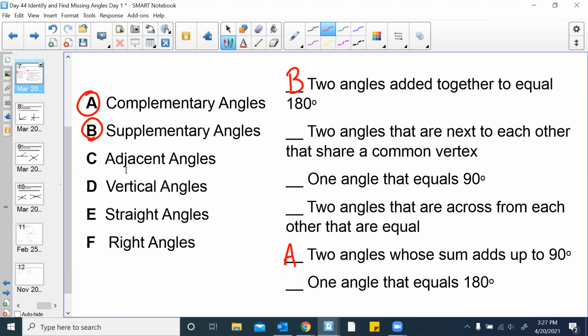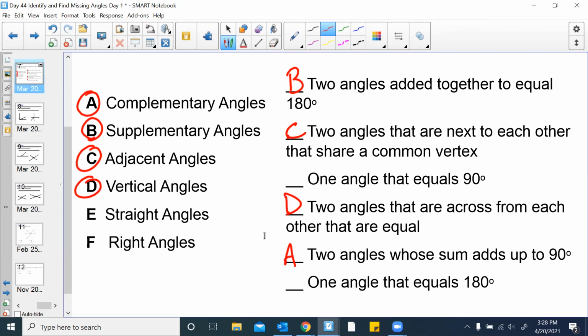Supplementary was 180. Adjacent is two angles that are next to each other and share a common vertex. Vertical would be two angles that are across from each other and that are equal.